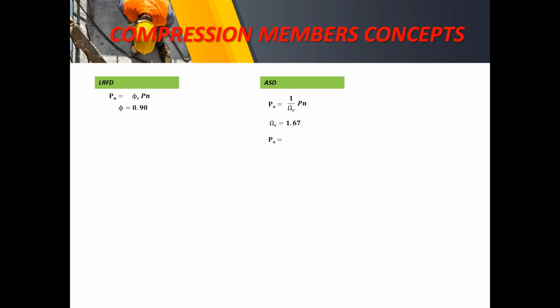Hence, Pa can be simplified into 0.6 of the nominal strength.